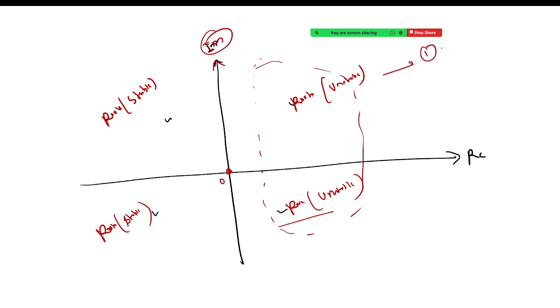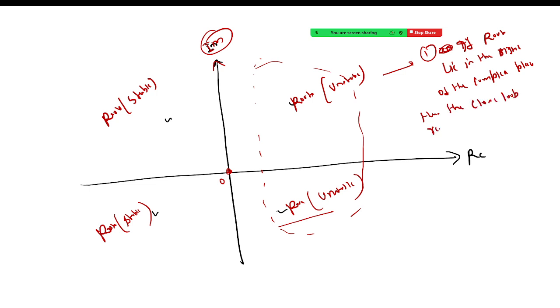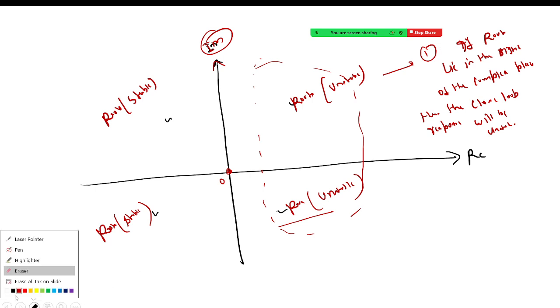So you can draw an observation: if roots lie in the right of the complex plane, then the closed loop response will be unstable. Is it clear? Then the closed loop response will be unstable.